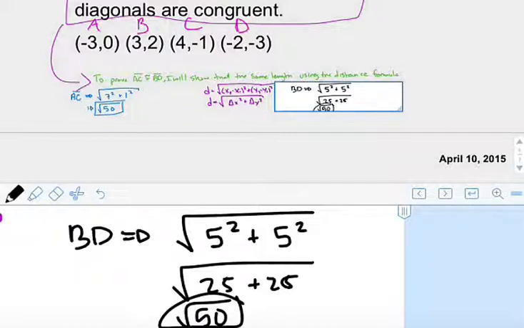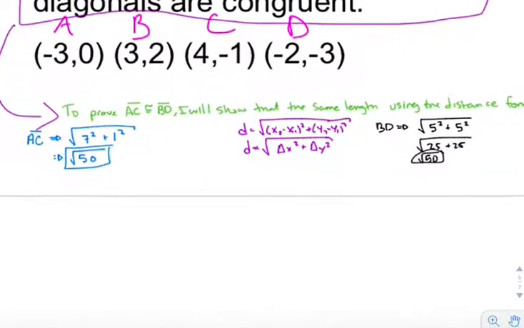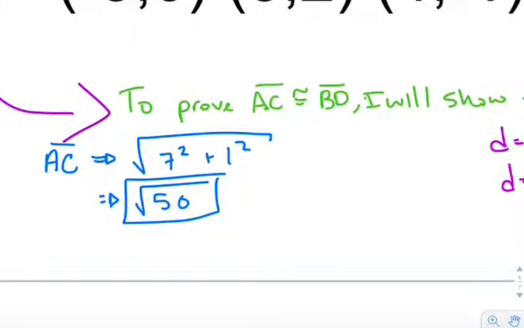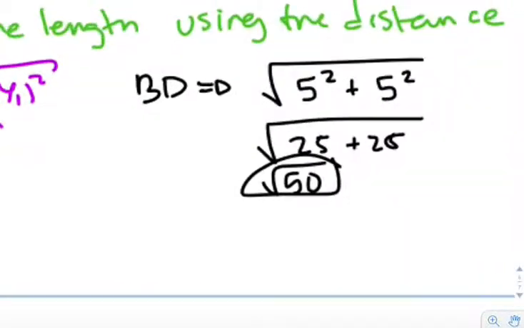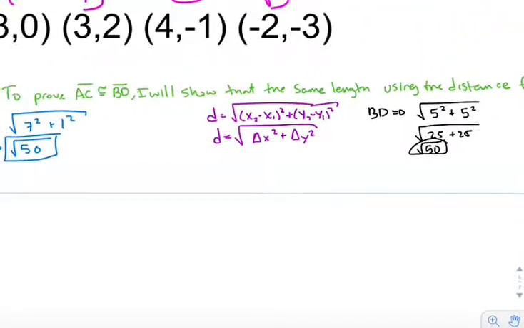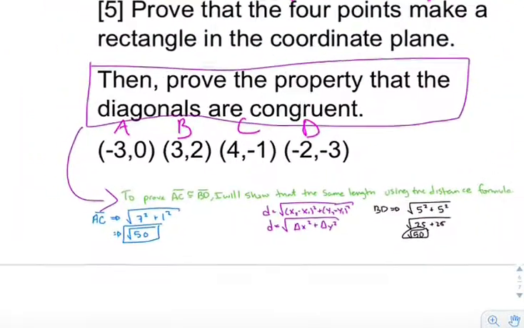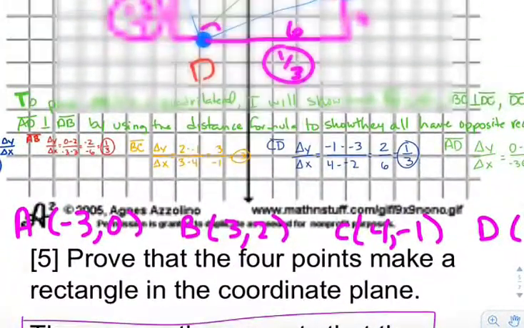So just like our statement of intent said, we want to prove these are congruent by showing they have the same distance, and they do. We have square root of 50 on AC, square root of 50 on BD. Notice I'm not taking an opportunity to reduce that. That's not the point of the problem. I'm just trying to show they're congruent, which I did, and that's it.